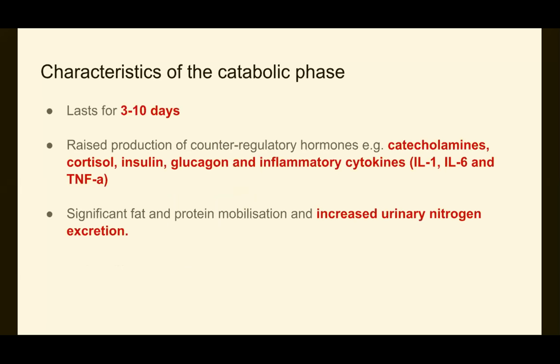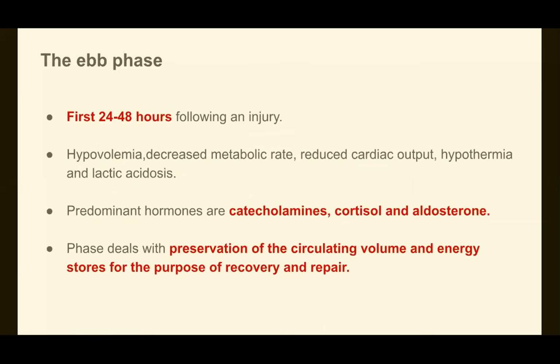So what happens during the ebb phase is, as we have described, the first initial phase, and there is a decrease in volume, decrease in BMR, decrease in cardiac output, decrease in temperature, and there is lactic acidosis. So during this phase, we aim to conserve the circulating volume and the energy stores.